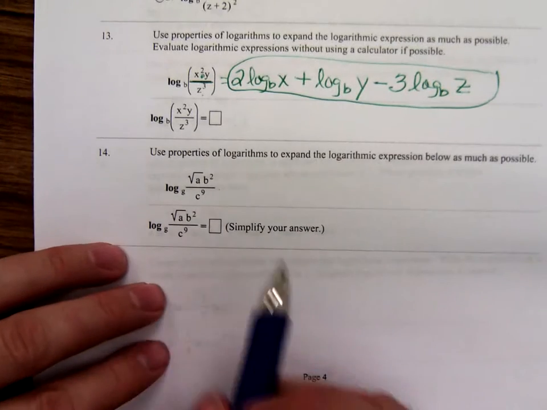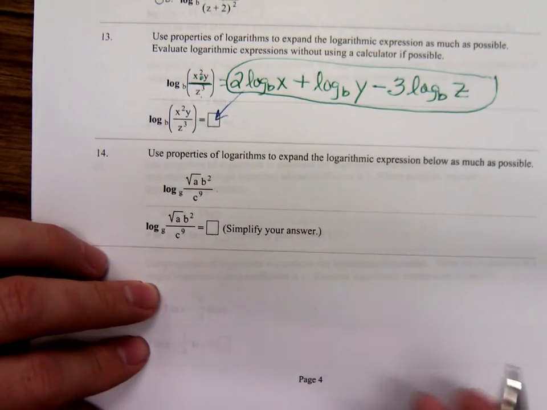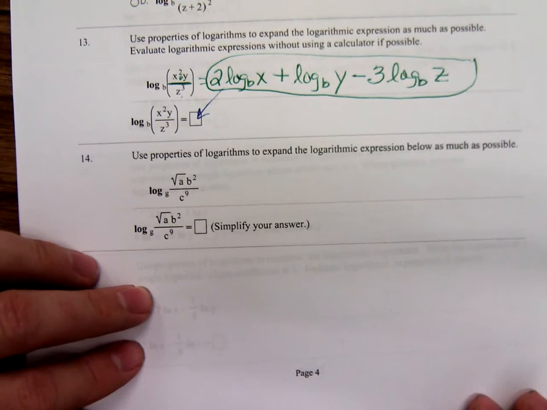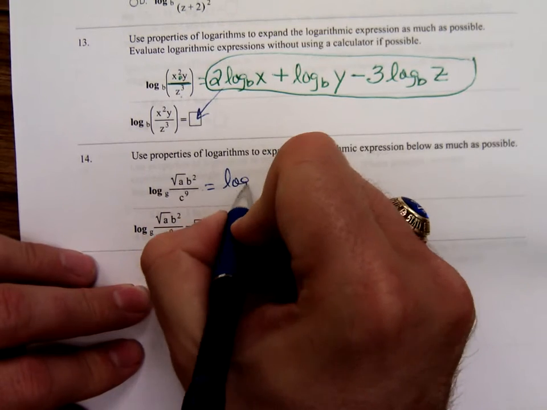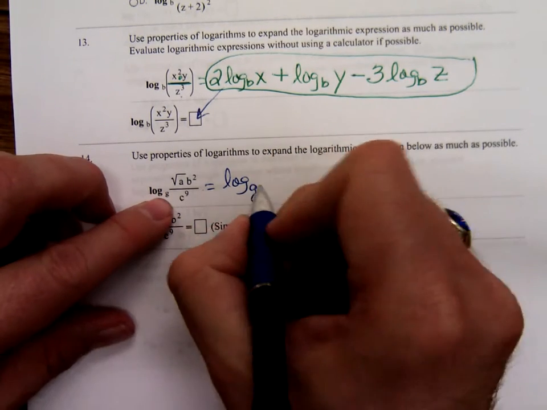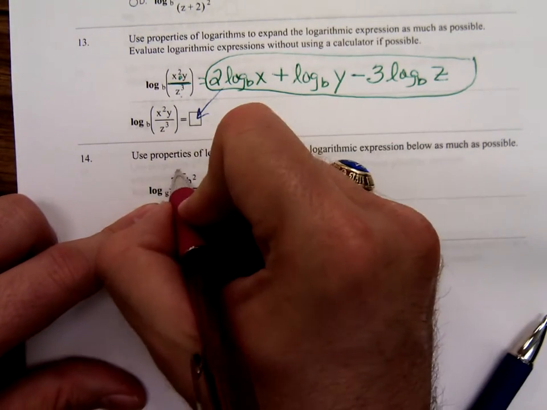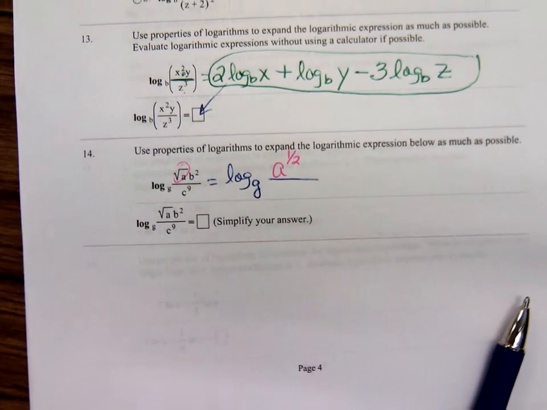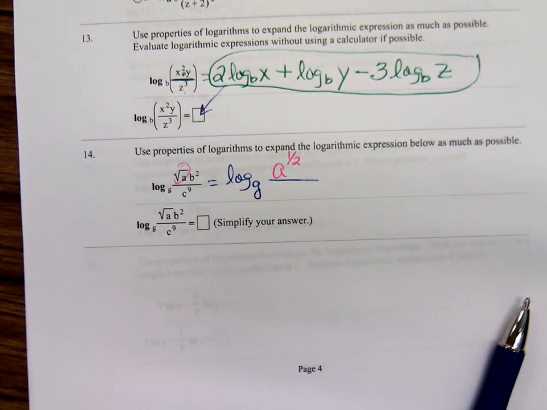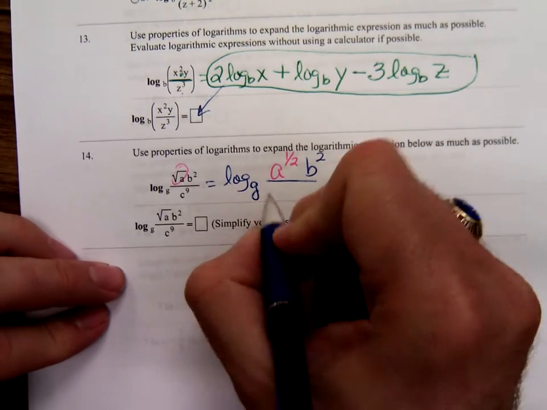Let's see, what about 14? Now, 14, there's a little bit of work. By the way, type all of that in there. For number 14, there's one thing you need to do first. This is log base G. You need to rewrite that square root of A as A to what power? Well, A to the 1/2 power. Then we have B squared over C to the 9th.